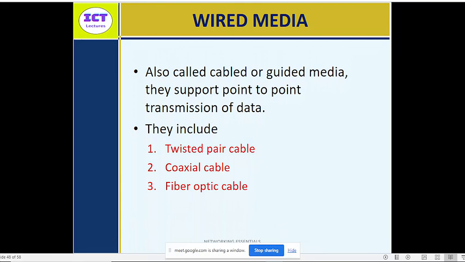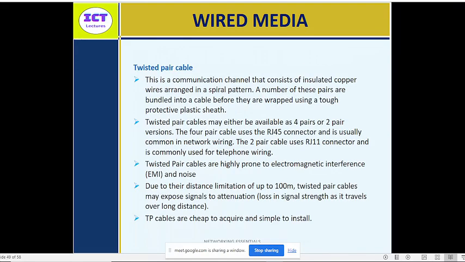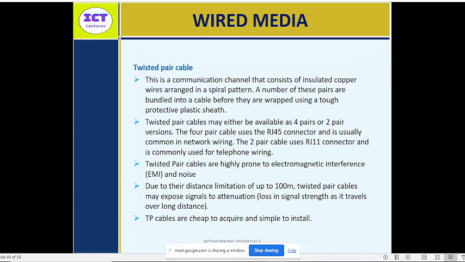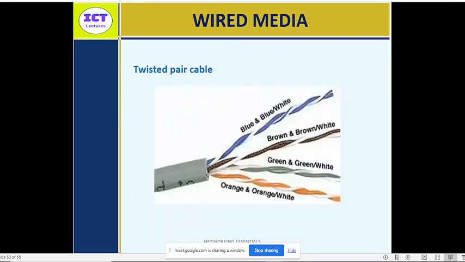So wired media constitutes the twisted pair cable. Let's look at them. We also have coaxial cable, fiber optic. Now twisted, as the name suggests, normally a twisted cable. Yeah, this is how it looks like. A twisted pair cable, as you can see, they are normally twisted.